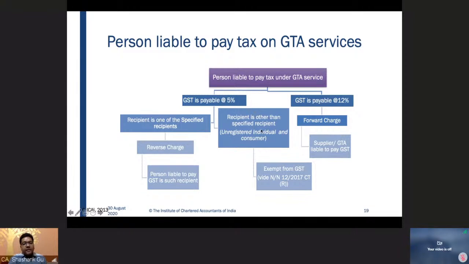However, if recipient is other than specified recipient, that is unregistered individual and consumer, that is, suppose if any of your parents, they have a transferable job, so they would have been transferred from one location to another, and for transportation generally the house belongings are also shifted, so there again GTA services are availed, but that would be covered under unregistered individual and consumer, and hence no liability to pay the applicable tax on such unregistered individual and consumer, and this is also specifically exempt from GST by notification number 12/2017. Okay.